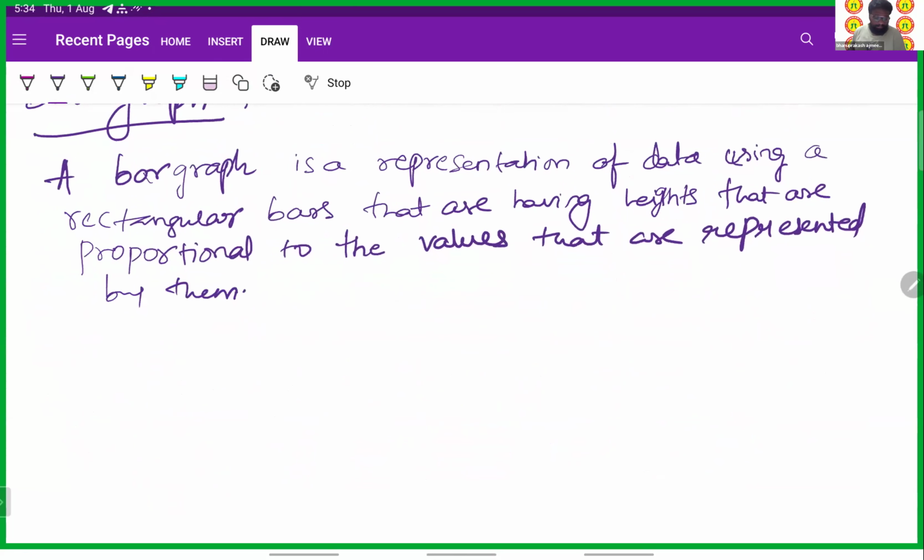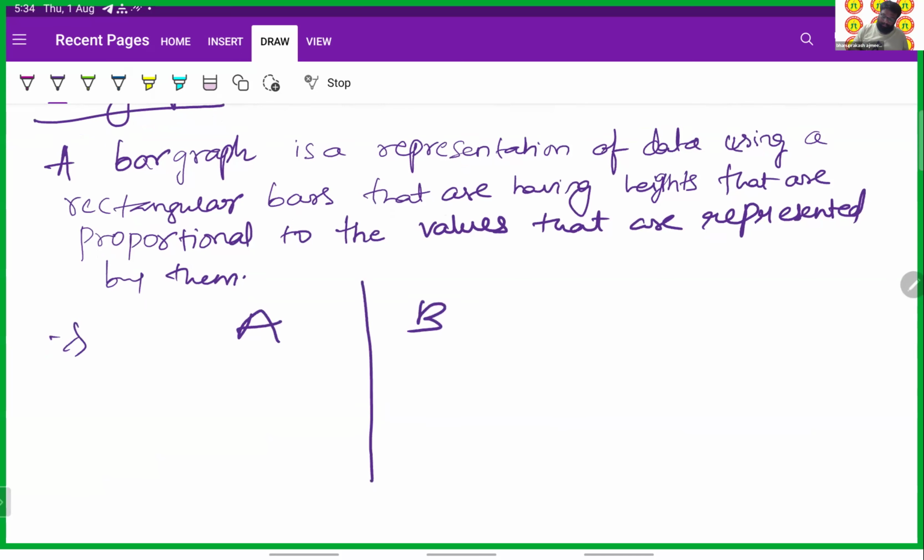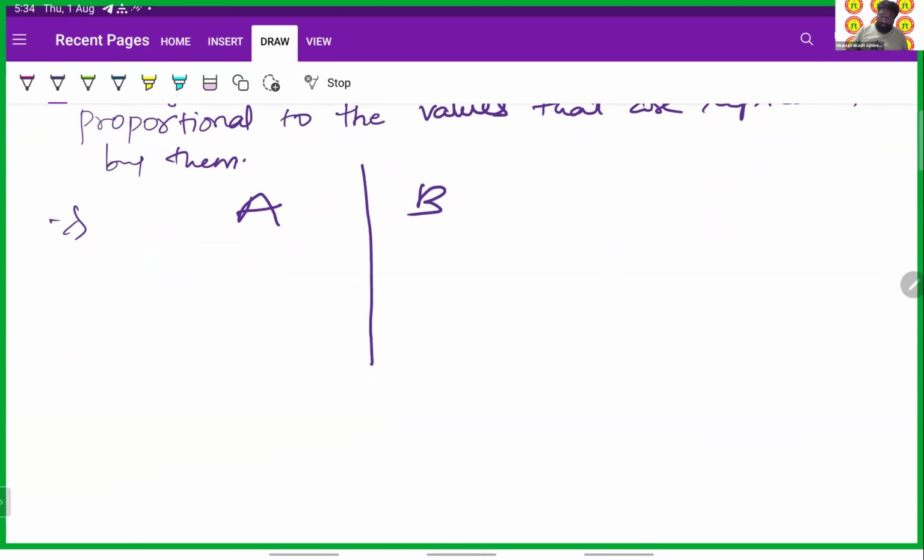Usually, listen here. For example, the result in a school is displayed. If you check your report cards, your marks are compared with the class highest marks. There are two students, A and B. A got top marks in the class.